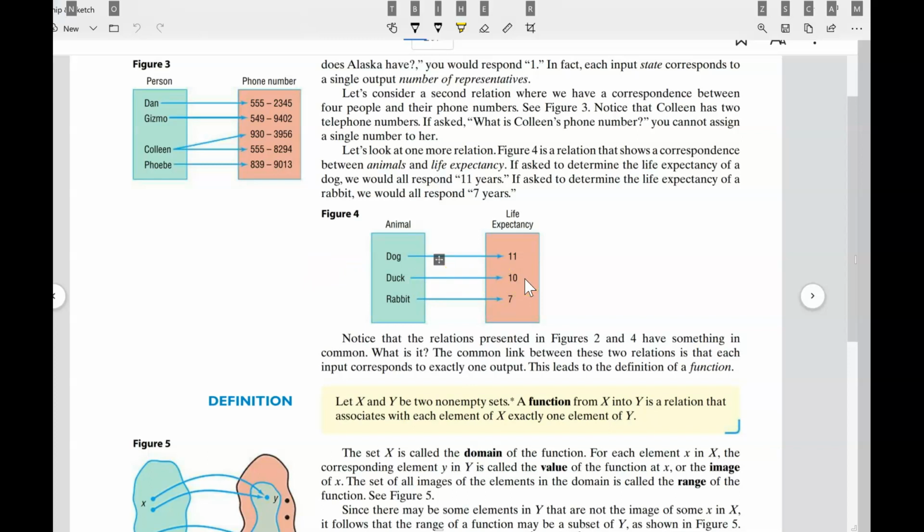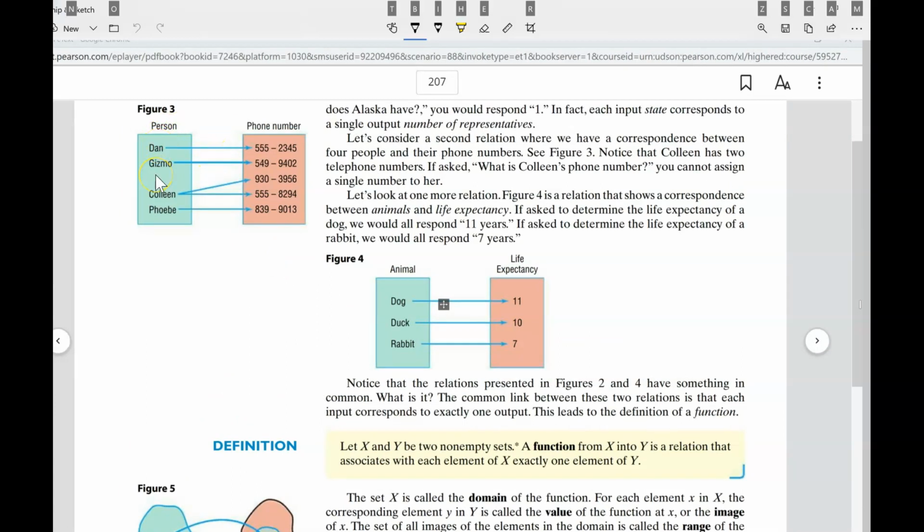And if I said, okay, Bob, you give me the life expectancy of a duck, he would also say 10. Everybody looking at this would say 10, unless they were just being obstinate. But it's perfectly predictable according to the input. If you see the input, there's no question about what the output would be. That's what makes a function, not just a relation.